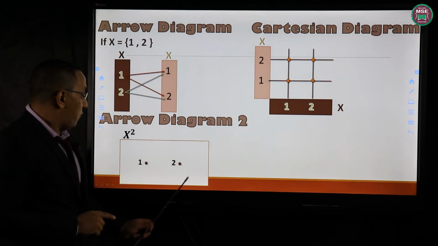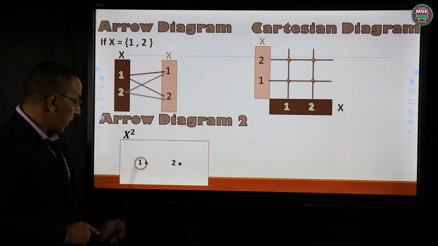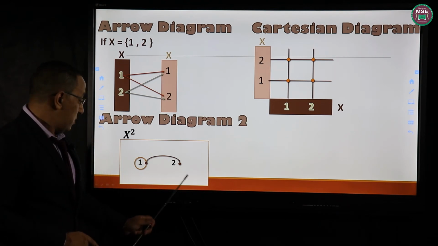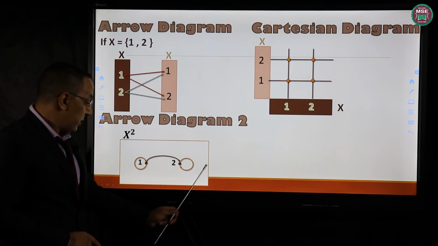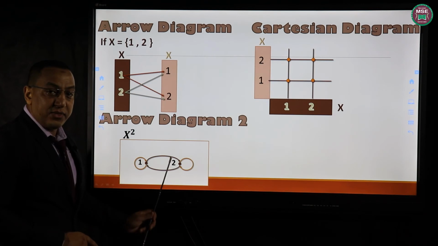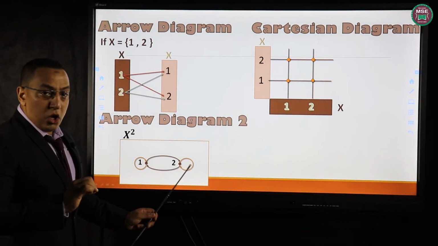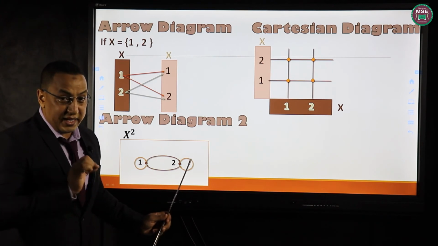Here from 1 to 1, this is (1,1), and this is (1,2), (2,2) and (2,1). This is the arrow diagram of X², and this is a special case.